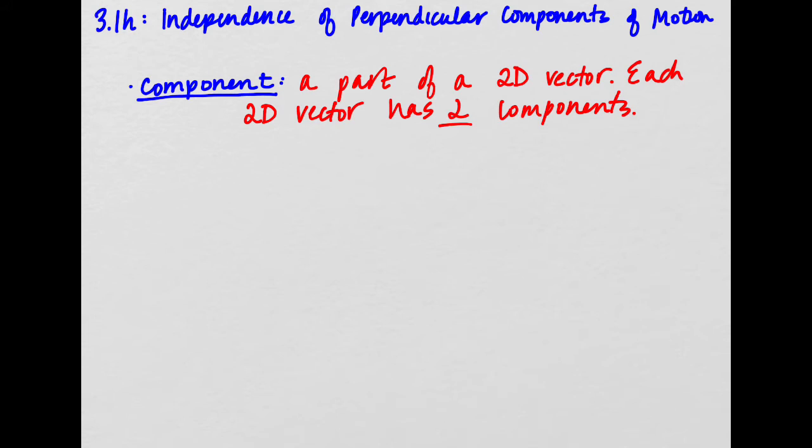I've been calling this an angled vector, a vector going at an angle that's not one of our four main directions on a compass. So this is what a component is. Every angled vector has two components. The main point of this whole section is that perpendicular components of vectors are independent of one another.